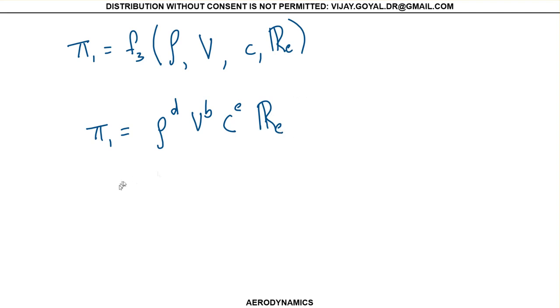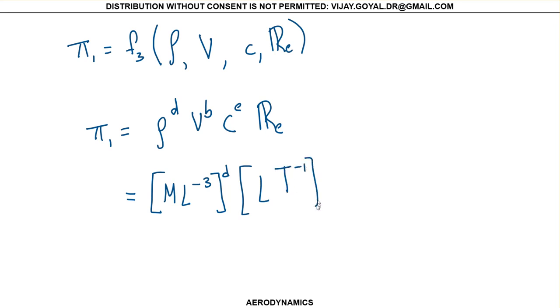Okay, so if we just use our dimensional analysis, we know this is m l minus 3 to the d, this is l t to the minus 1 to the b, this is l to the e power, and I also know my Reynolds number is m, l, t minus 2.